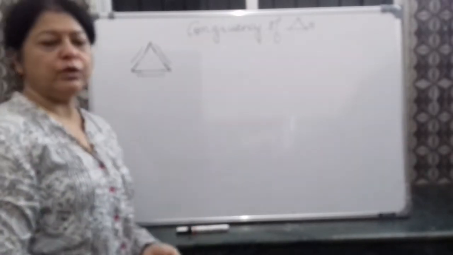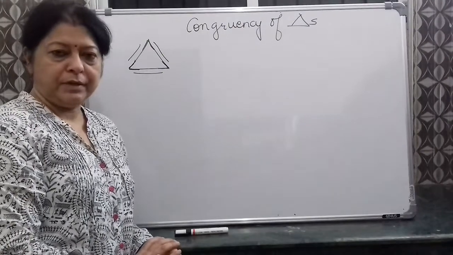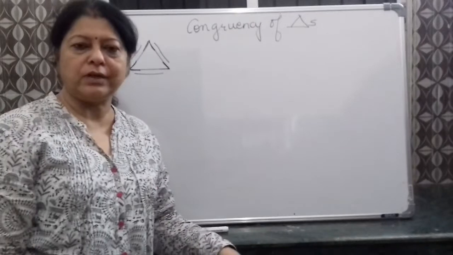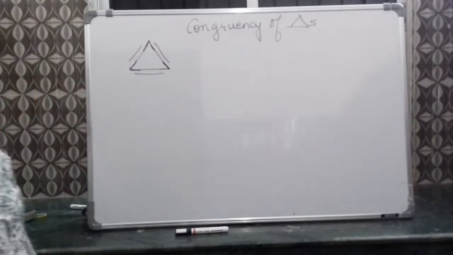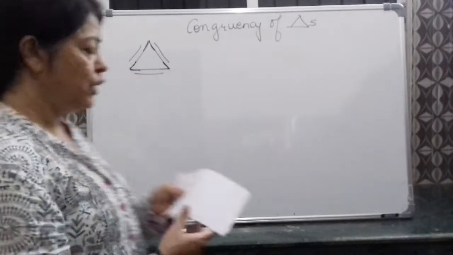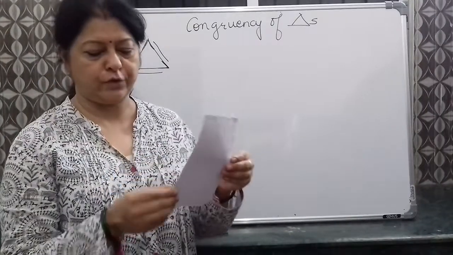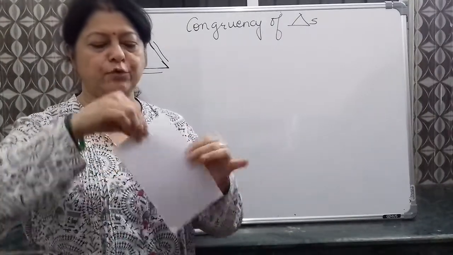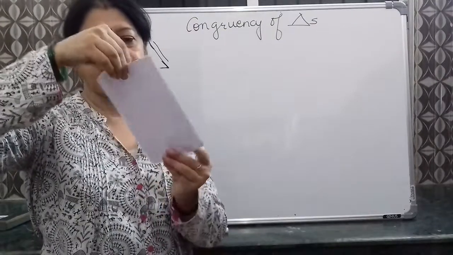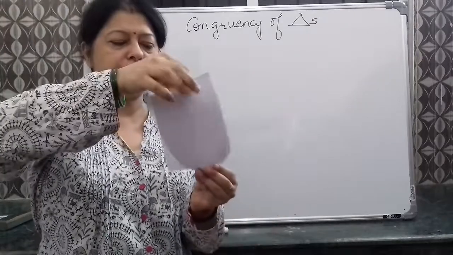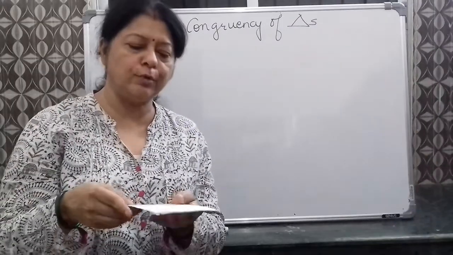Now what is the meaning of the word congruency? Congruency means 2 figures which are absolutely identical. For example, suppose we have 2 pages of a copy. You take 2 pages of a copy and if you have a look, they are absolutely the same. I have 2 pages of a copy and I am trying to keep one on top of the other.